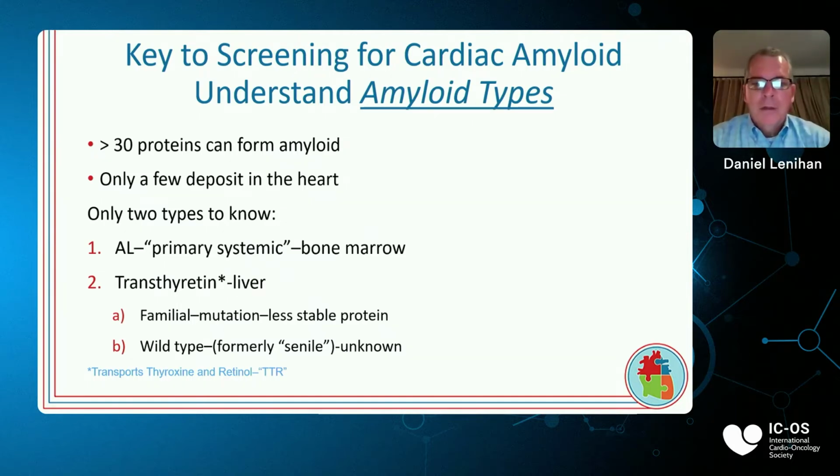One is familial, and it's estimated that this makes up about maybe 15 to 20% of the total number of patients with ATTR. And then the rest are in a category called wild type, which was formerly referred to as senile. And we don't fully know what the cause of that is, but it is felt to be perhaps early aging process, although the mechanisms are still really unknown.